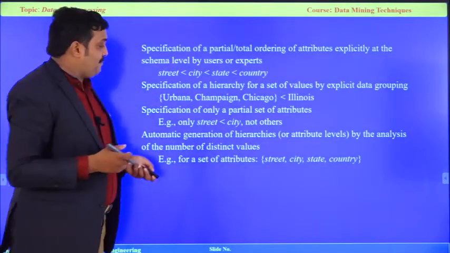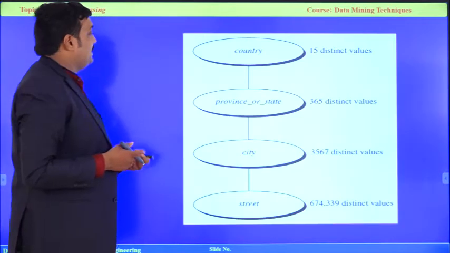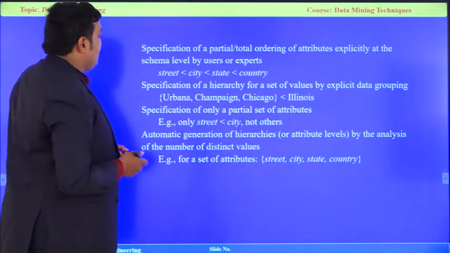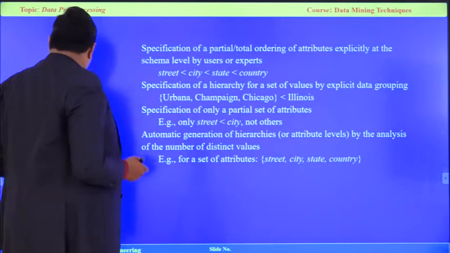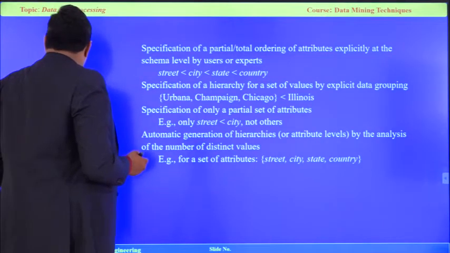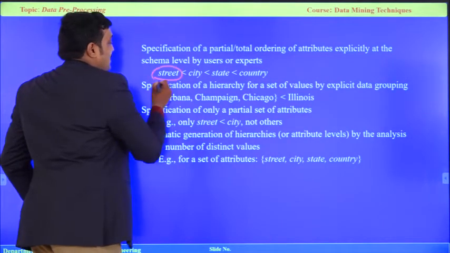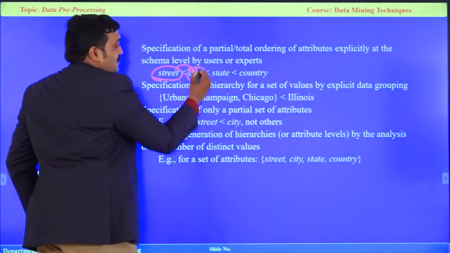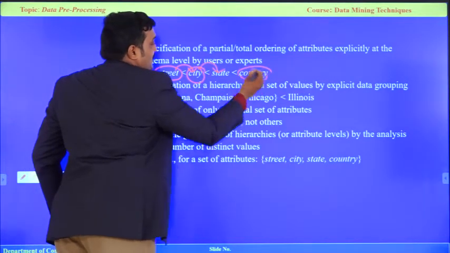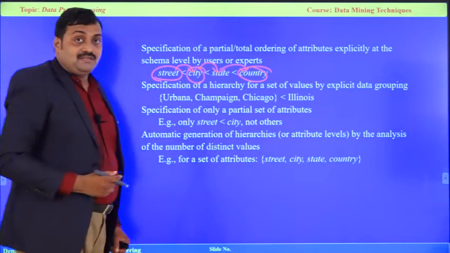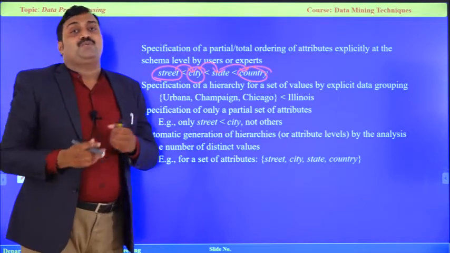How do the things happen? A simple example, see here. Generally we have streets that come under the city, city comes under the state, state comes under the country. That means it's an international post.